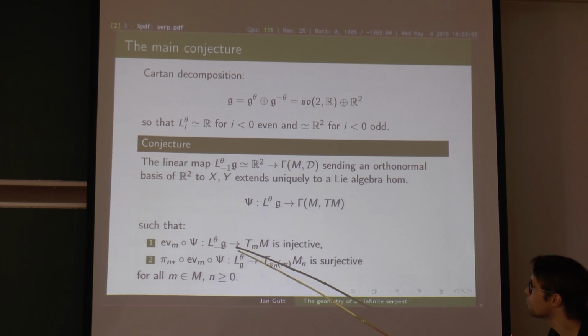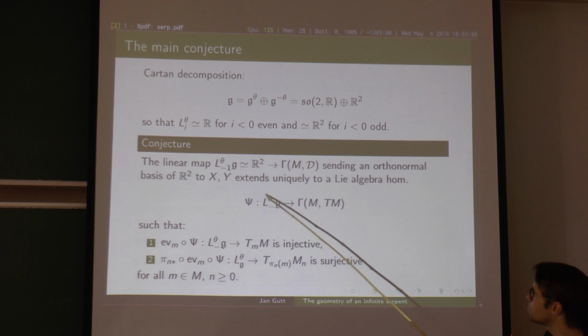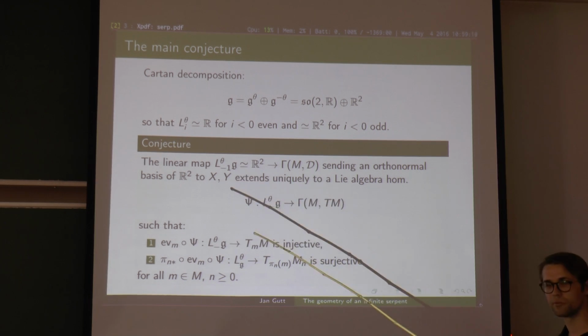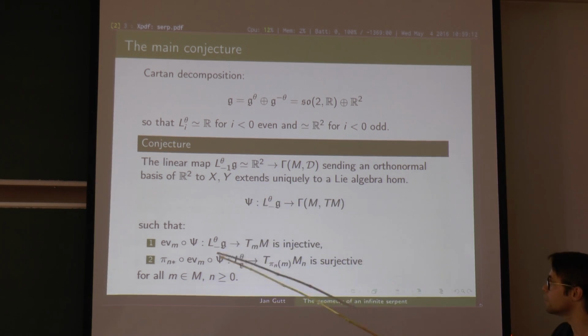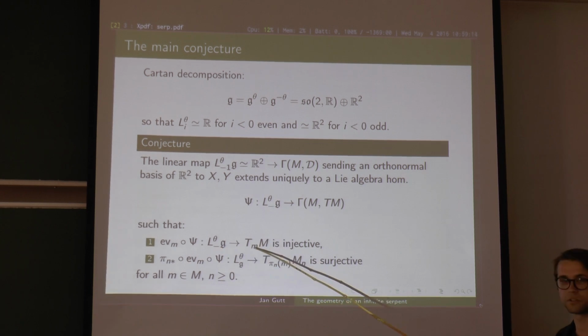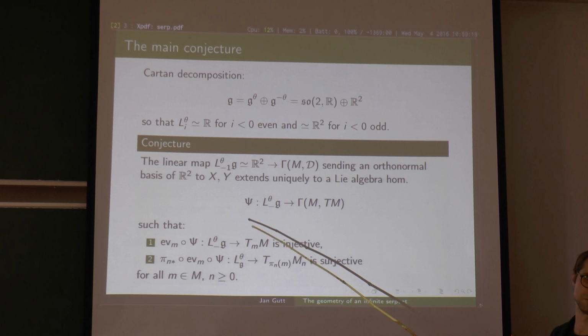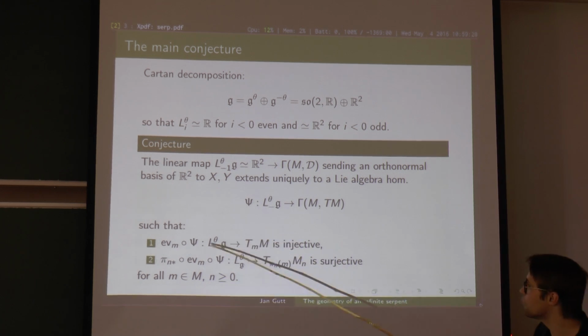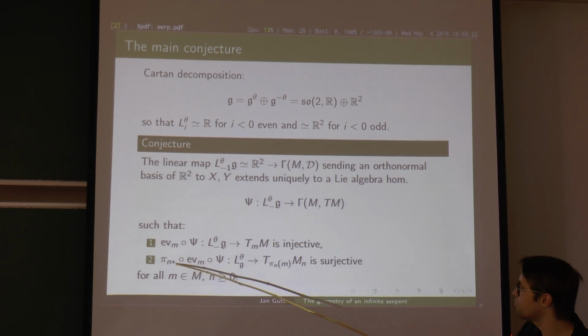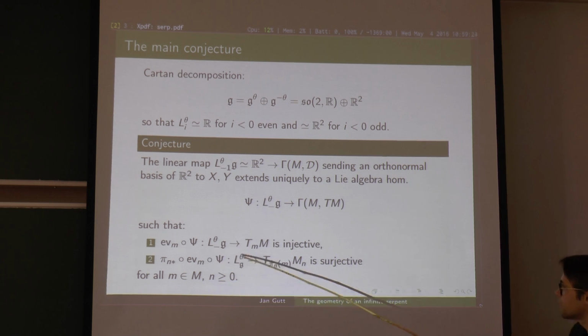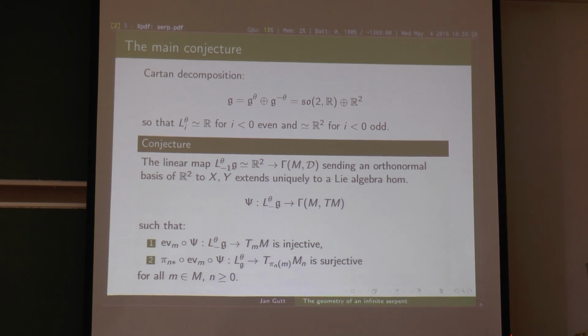First of all, if I take this map, it maps into vector fields, and now I evaluate at some fixed point, then I get an injection from this algebra to the tangent space. Well, the tangent space is infinite dimensional, so that's not surprising. And then if I project it to an arbitrary finite snake, I get a surjection on the configuration space. So in some sense, I've obtained a frame, in some weak sense. I'll comment on that in a moment. So that's the conjecture.